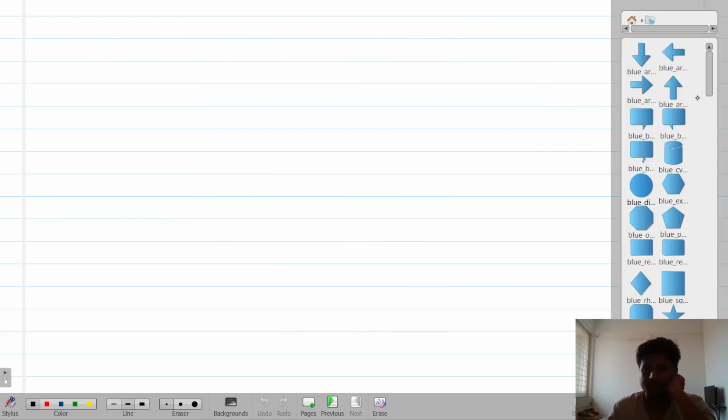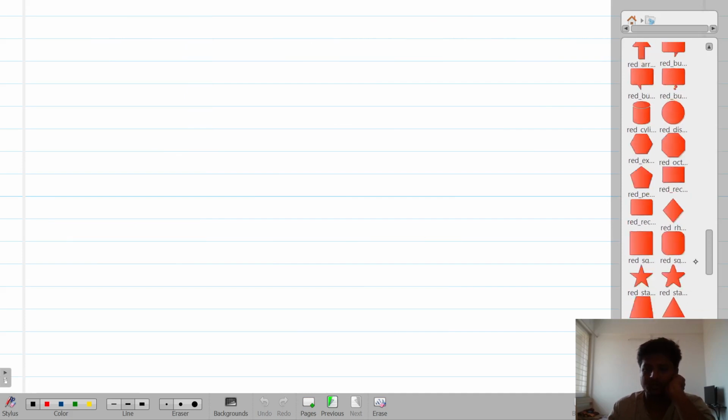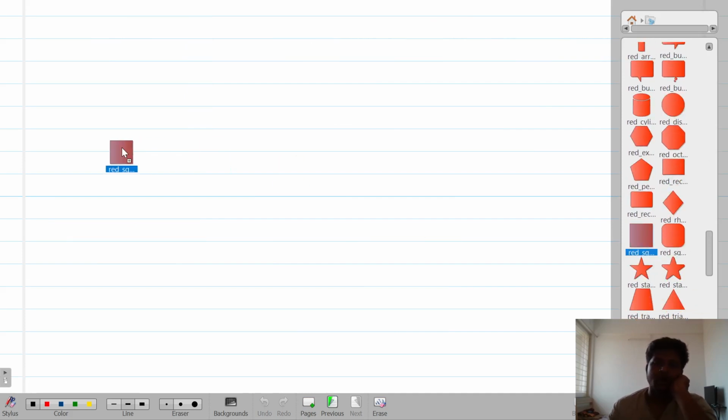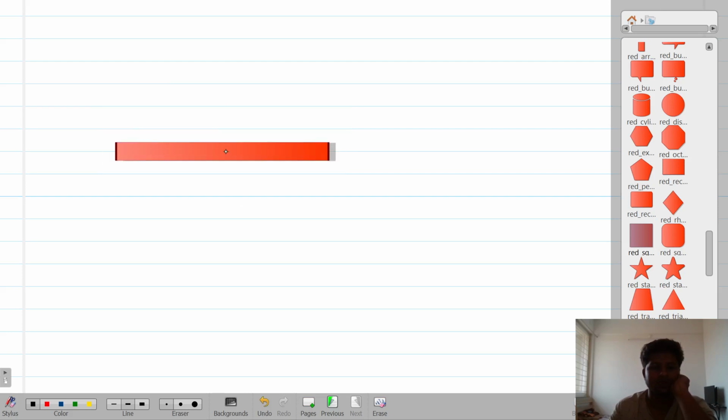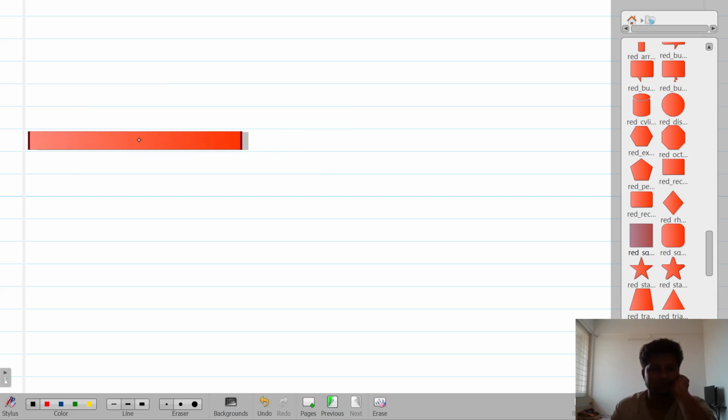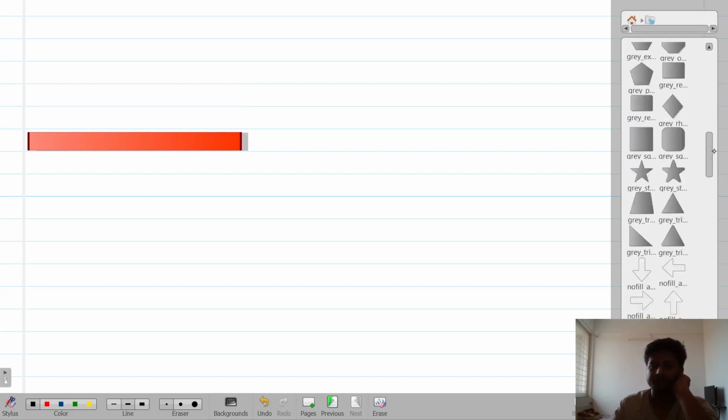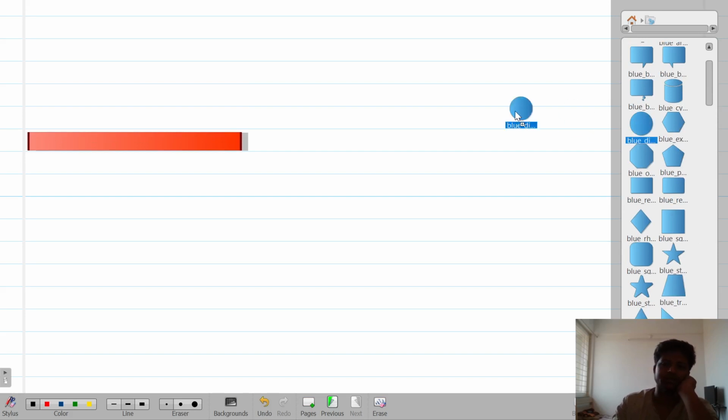Let us take one more example. Big wall. Okay, and a ball is approaching this wall.